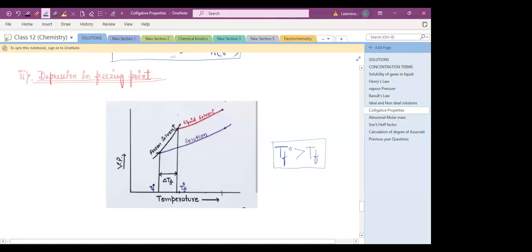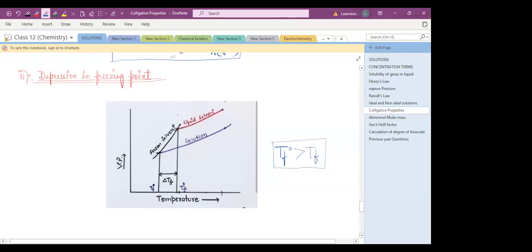See the pure solvent curve. This represents the temperature and vapor pressure relationship. We know very well the vapor pressure versus temperature curve. See the point where this curve intersects the solid phase. This is the frozen solvent, means the solid phase, the black one, and this is the liquid phase, and this is the solution phase, right?